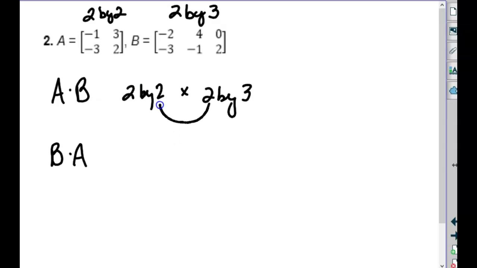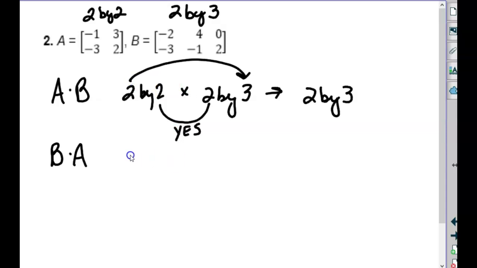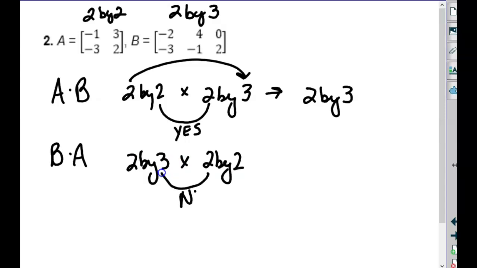These are the same, yes? So yes, we can do this one, and the answer will be a 2 by 3. But if I switch it around and put the 2 by 3 first, could we do that? No, this means not possible.